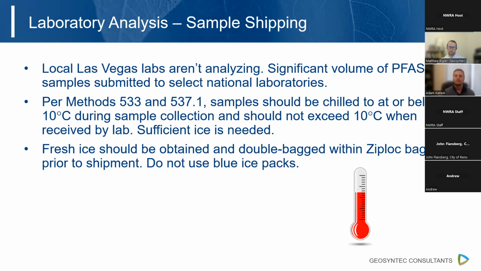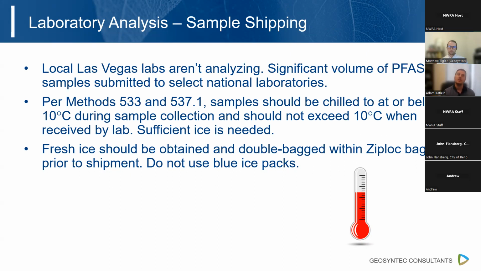Next slide. As I mentioned, there are no local Las Vegas labs. I also checked, and there are none in Reno that are certified for either one of the methods, so they aren't analyzing for PFAS at this time. So there is a significant volume of PFAS samples being submitted to select national laboratories.